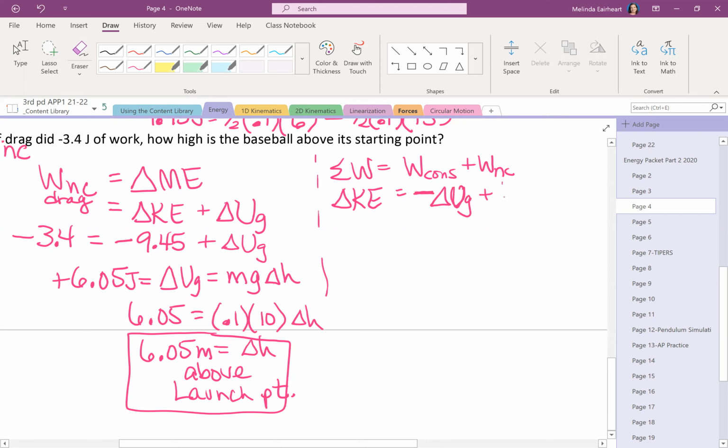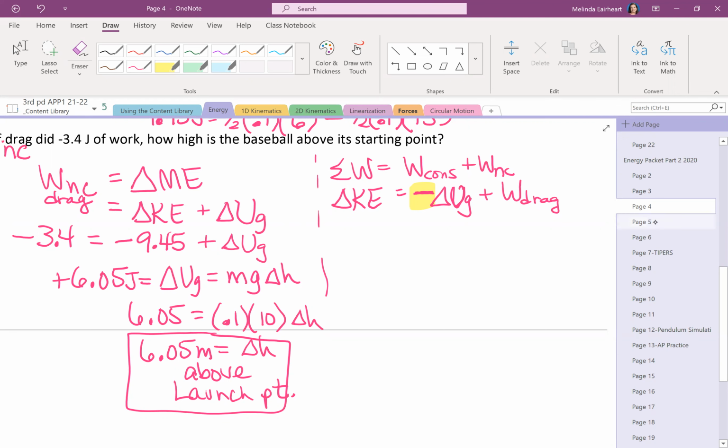And then the non-conservative would be the work done by drag, okay? So you see, we'd be plugging in the same numbers and equations, you should get the same answer. But if you took the other approach, you would get a wrong answer in terms of sign if you didn't remember the conservative works have negative changes of potential energy.